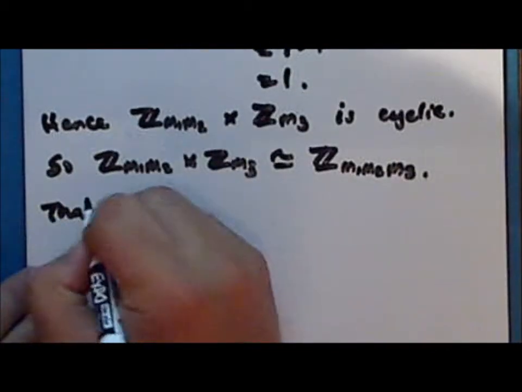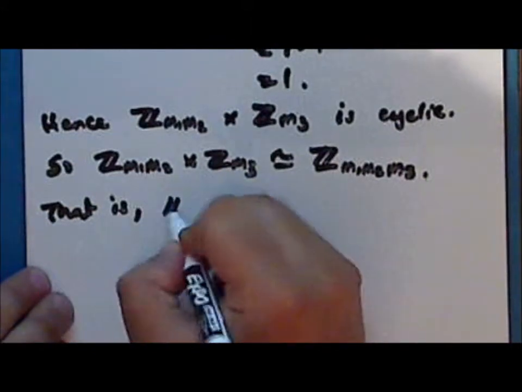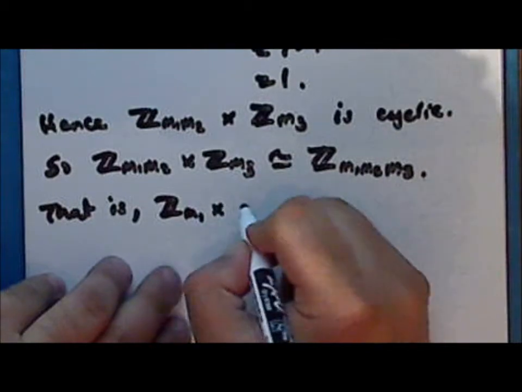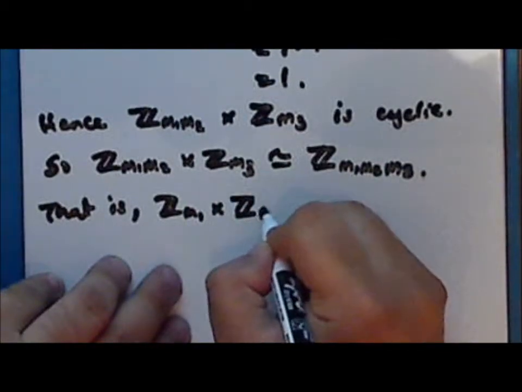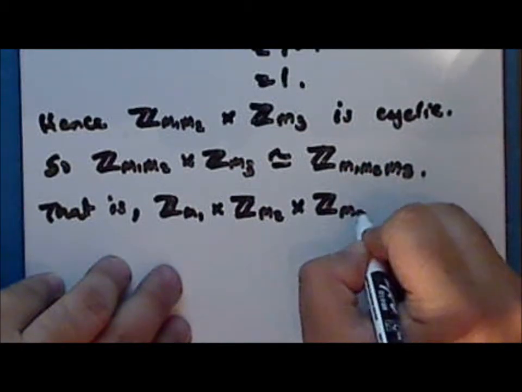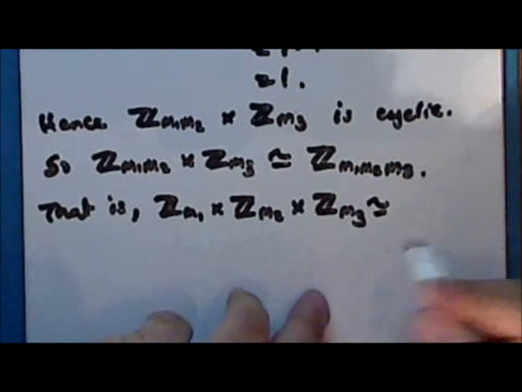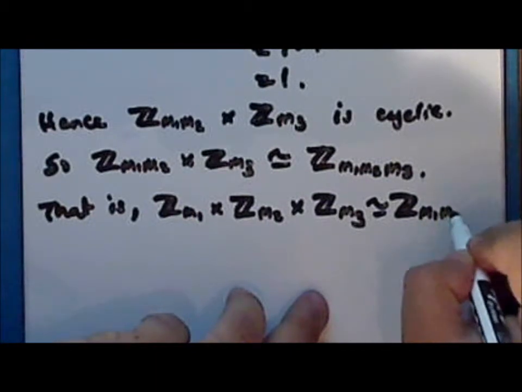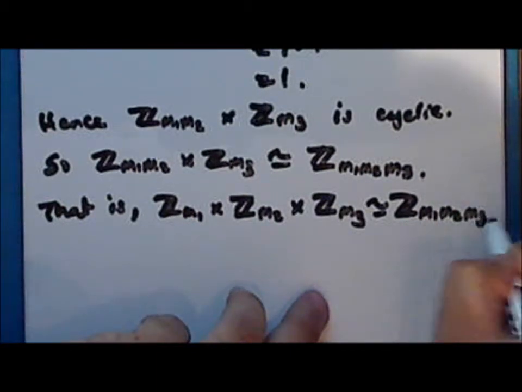That is, the product of the integers modulo m sub 1 times the integers modulo m sub 2 times the integers modulo m sub 3 is isomorphic to the integers modulo m sub 1 times m sub 2 times m sub 3.